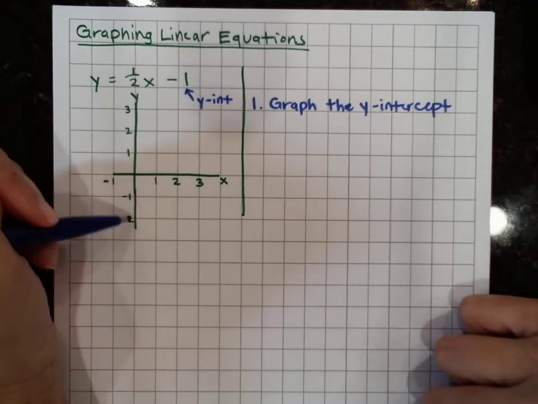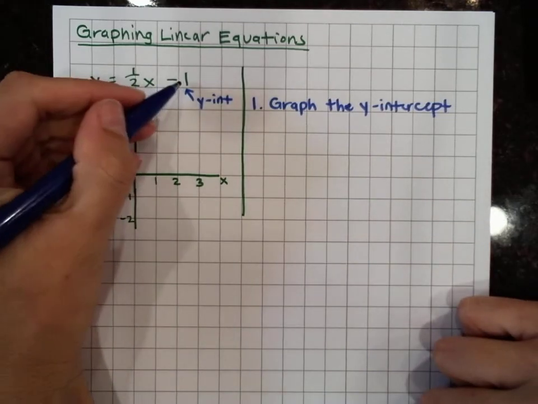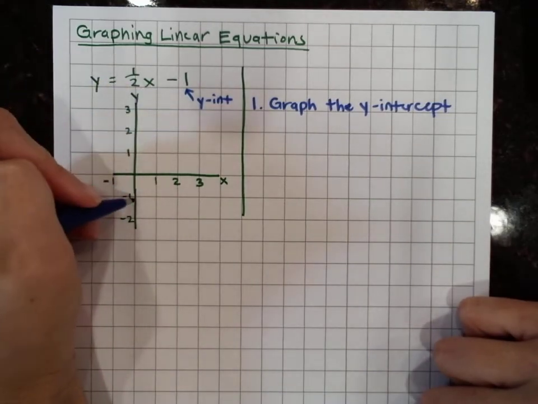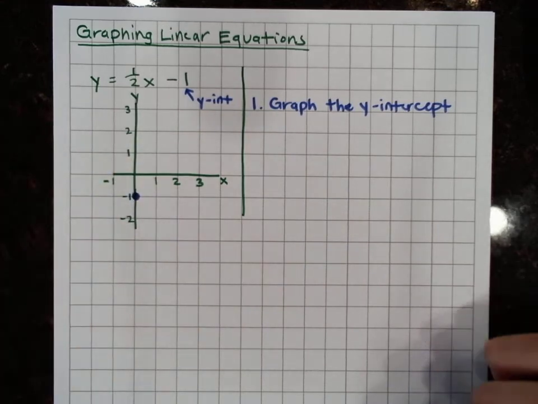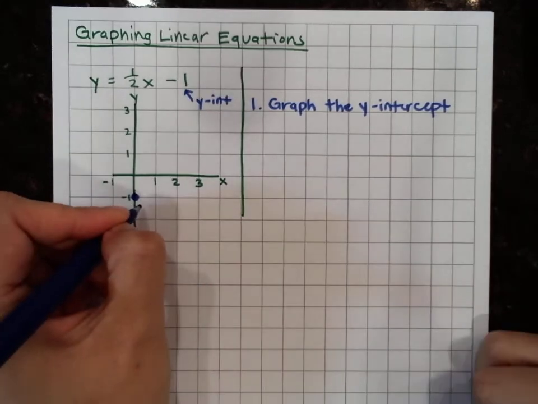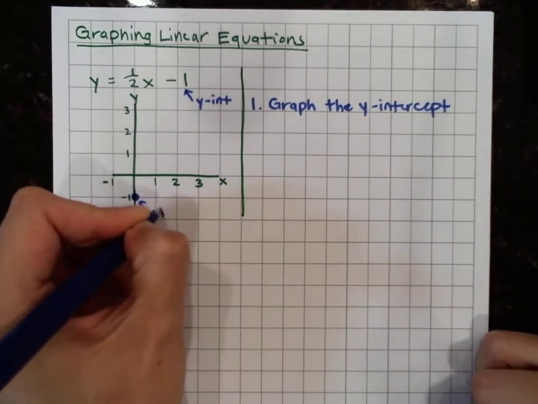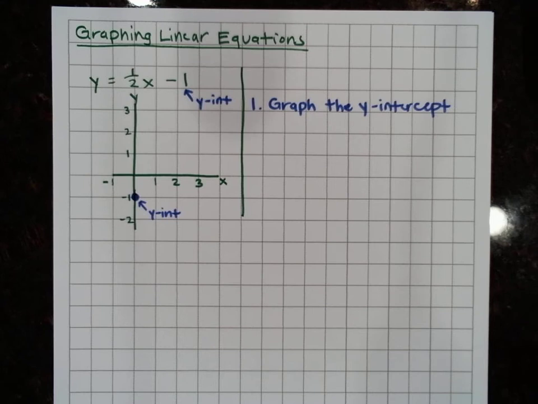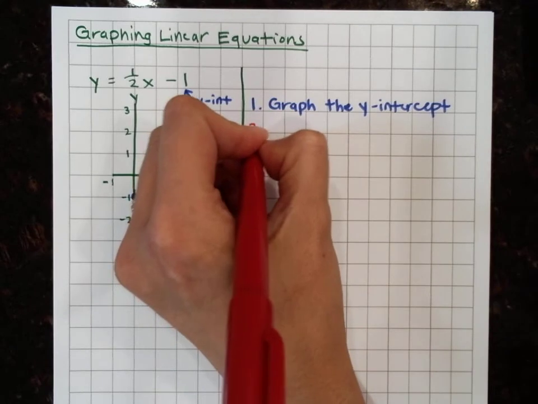So we go on the y-axis and we find -1, which is right here. Then we are going to use the slope to graph additional points.